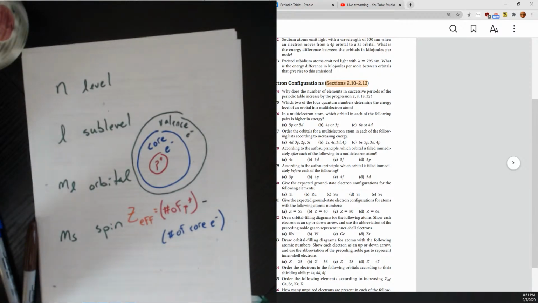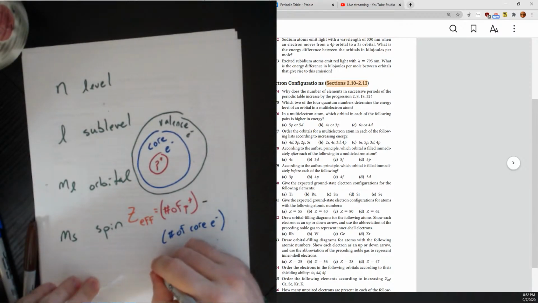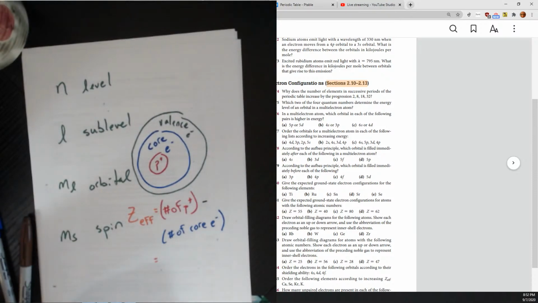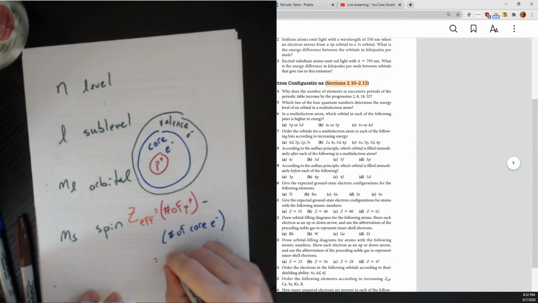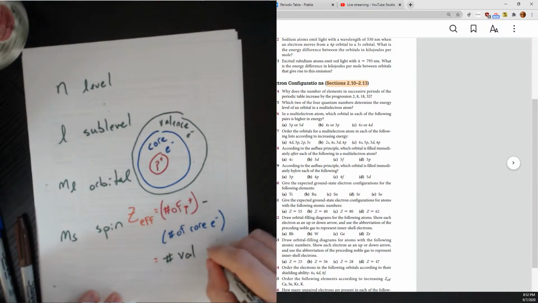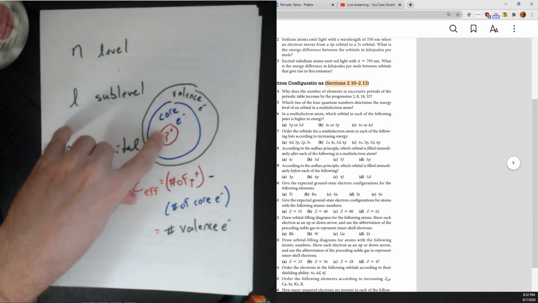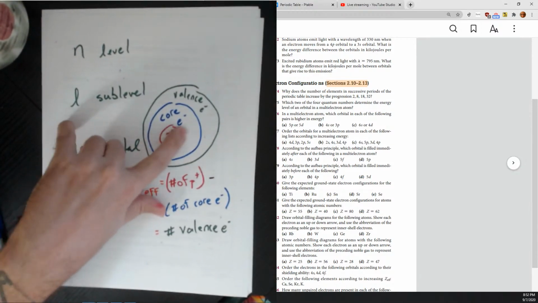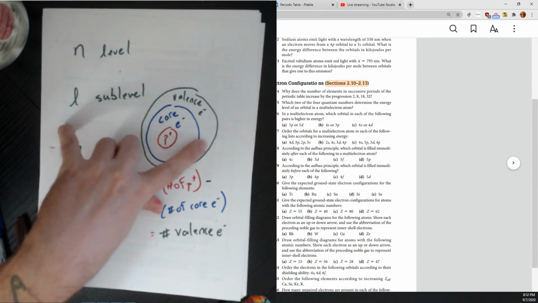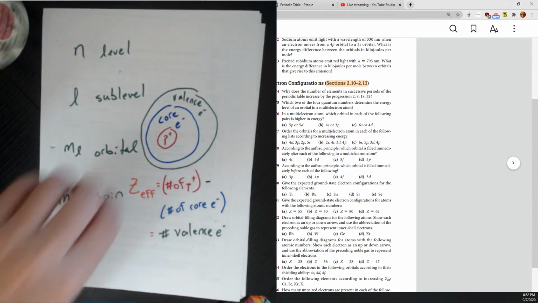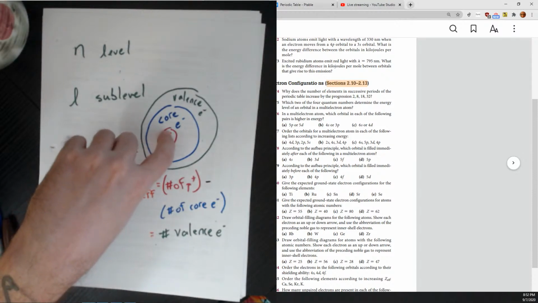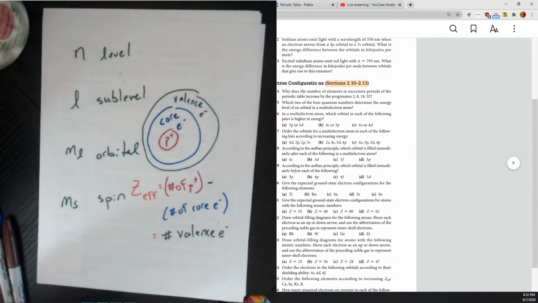But fortunately, you don't have to do that math every time because it ends up being equal to the number of valence electrons. So the effective nuclear charge corresponds to the amount of the nucleus's pull that makes it through the shielding of the core electrons in order to pull on those valence electrons. How much of the nuclear charge reaches through the shield to get to the valence?